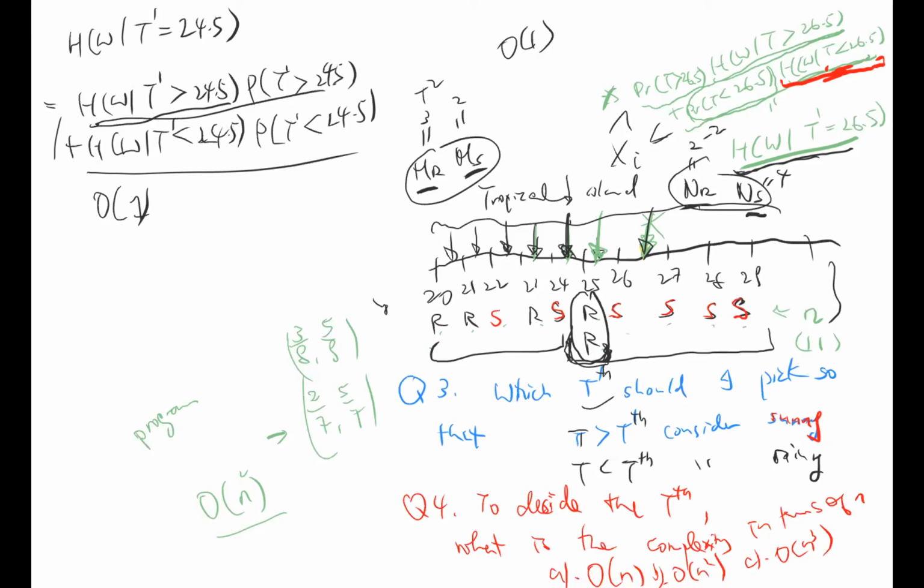Therefore the overall algorithm is only O(n). So is that clear? Of course I didn't write out how this is representable by this guy, but it's quite apparent, right?